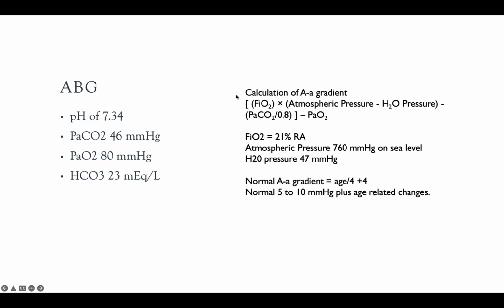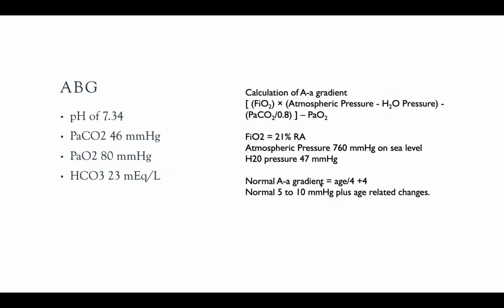So in terms of the calculation of the AA gradient, we would use these measurements. So put in the FiO2 level, atmospheric pressure 760, and H2O, so water, it's going to be 47. And we put in the value of our PaCO2, and that can help calculate the AA gradient.